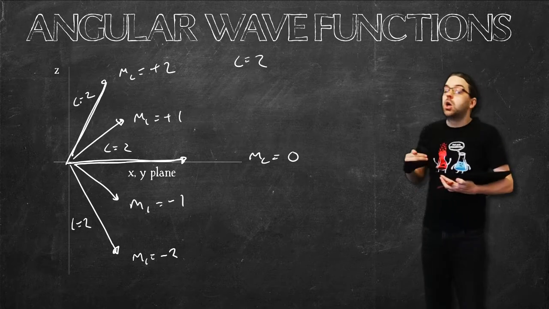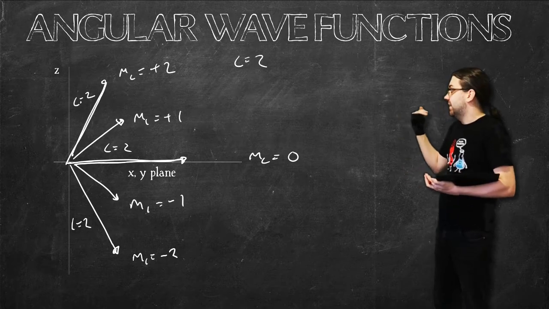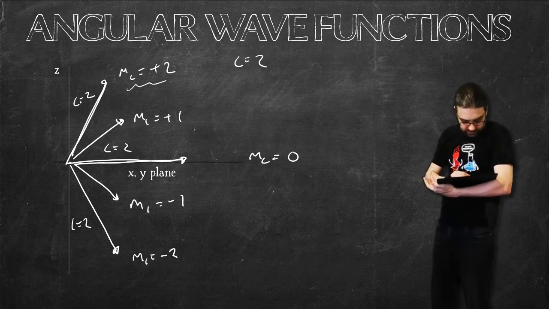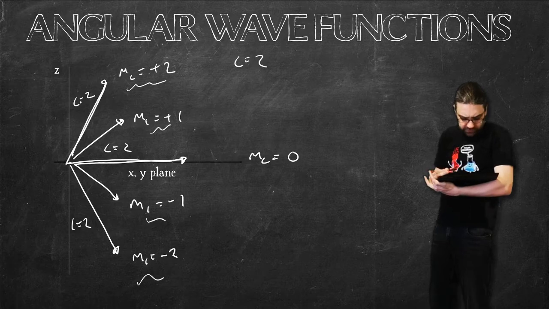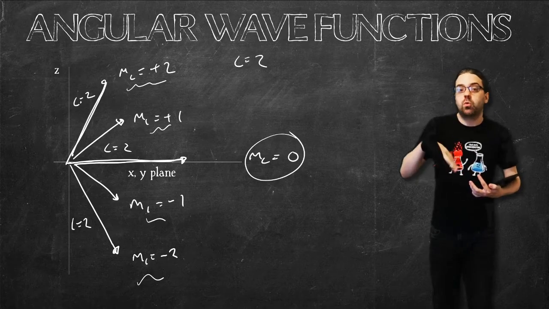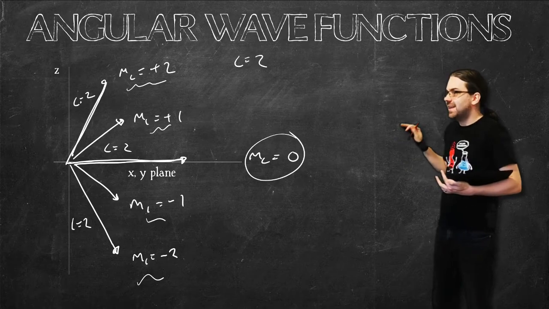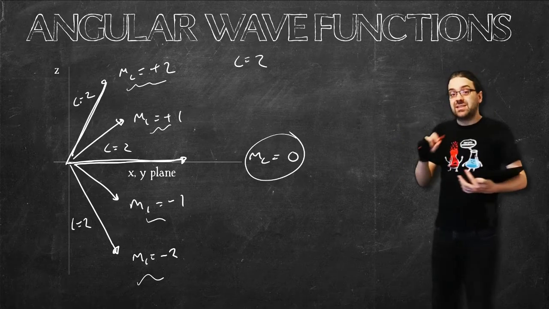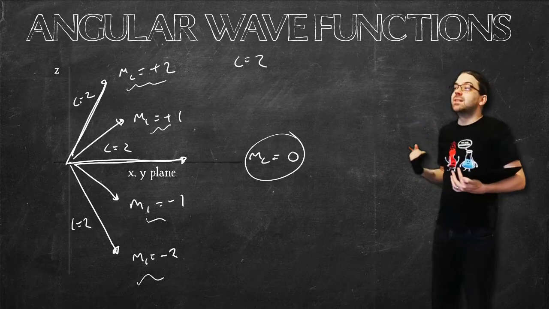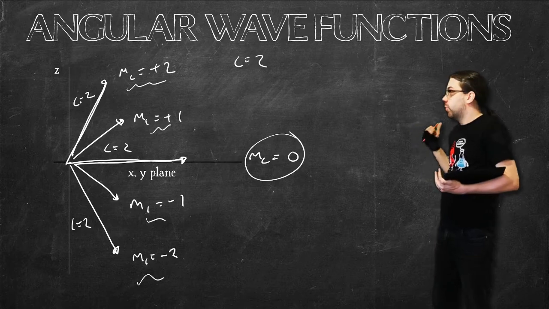We've quantized different amounts of that L equals 2 in the z direction. Either all of it in the z direction, or only half of it in the z direction, or none of it in the z direction. So that's how quantum mechanics is actually quantizing the angular momentum here. It's not necessarily generating those orbital shapes, as we're about to see. It's quantizing angular momentum in different orientations.